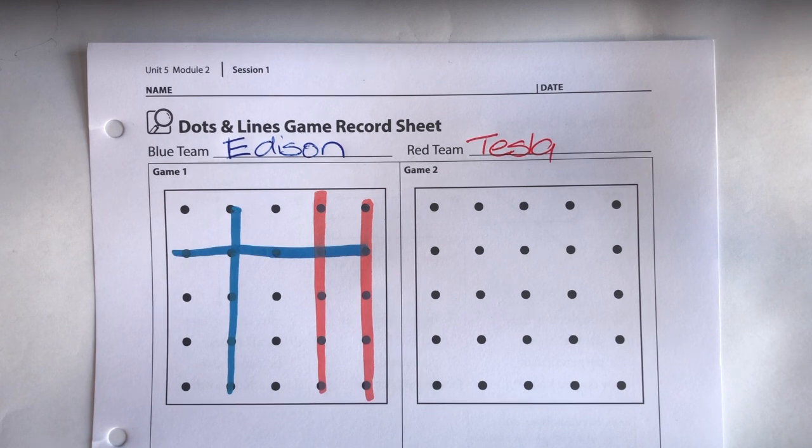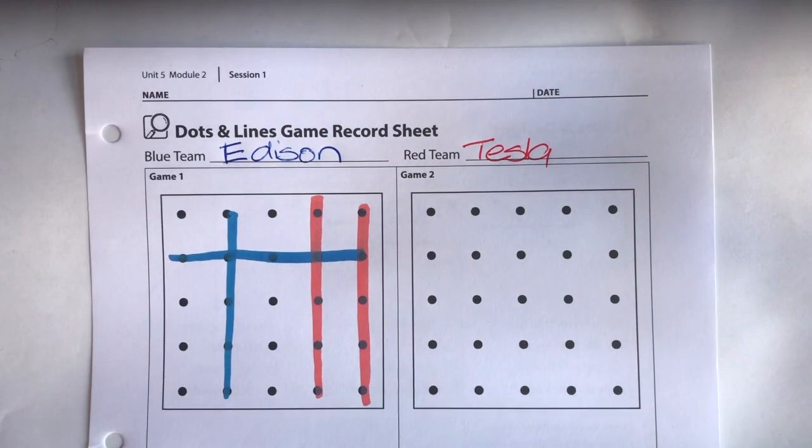So again, the point is to create as many squares on this board and putting your initials in it so that you can get a point for each square that you have created. Let's keep going so you can see what I mean, okay?